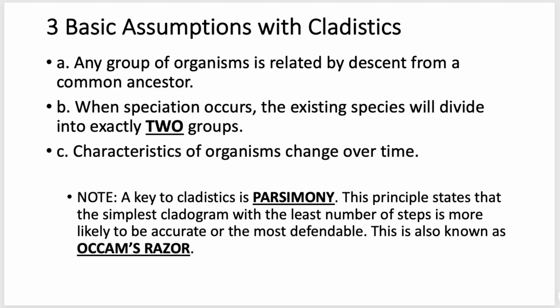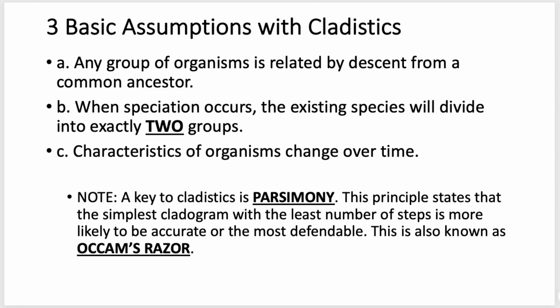Really every cladogram, to some extent, is a hypothesis. It is an educated guess based on characters and traits and DNA sequencing, whatever evidence you can gather. It is a hypothesis of how they are related. You might be wrong, but the assumption is that they are related.